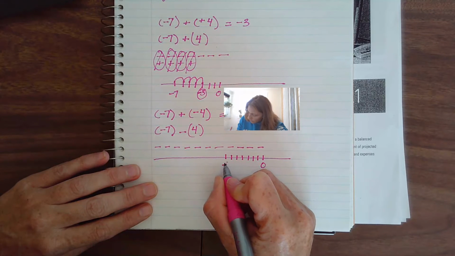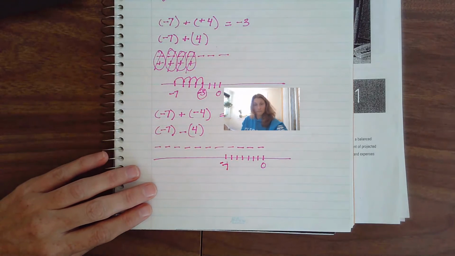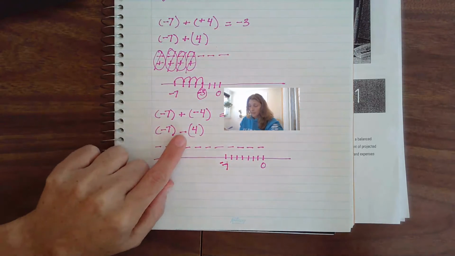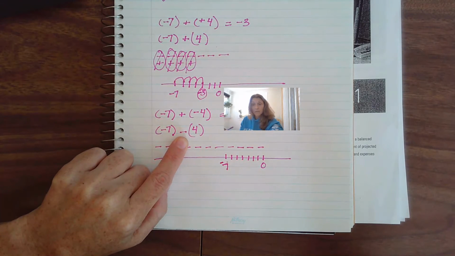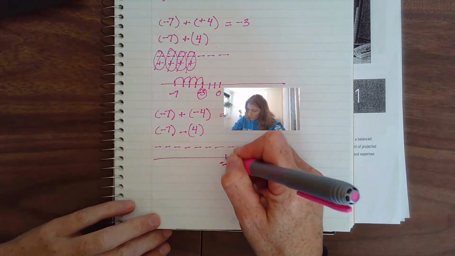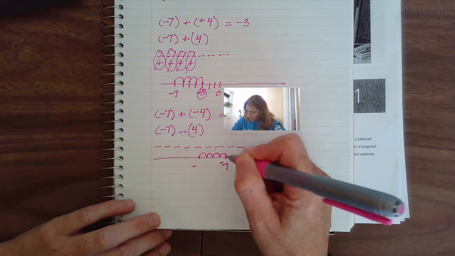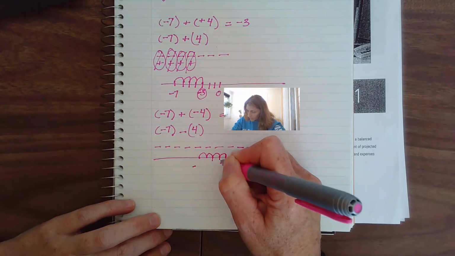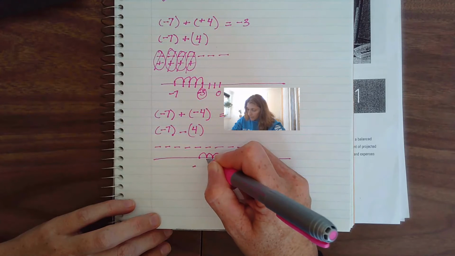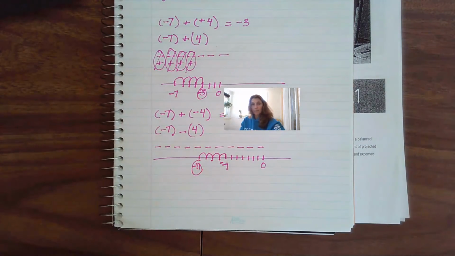Let's make that the -7. And it says go back, decrease it by 4 more. So then we do 4 more. 1, 2, 3, 4. We end up here. -7, -8, -9, -10, -11. Right here. Okay?